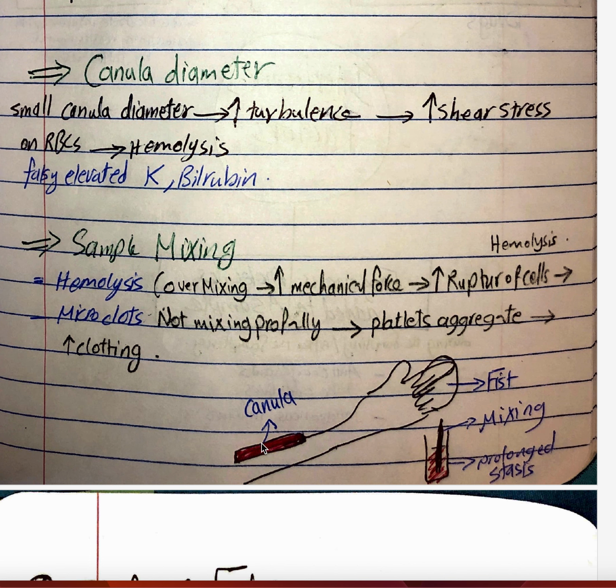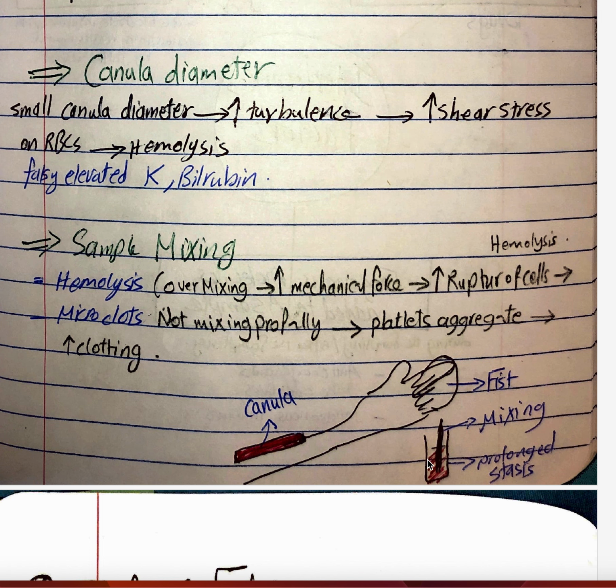So I draw here a cannula. I feel that is easier. This is a cannula, because we can explain the diameter of the cannula: when it's small, that leads to shear stress and mechanical force that destroys the RBCs, bilirubin increases, and all the hemolysis that can happen. Pumping with the fist increases the potassium level and also the magnesium level.